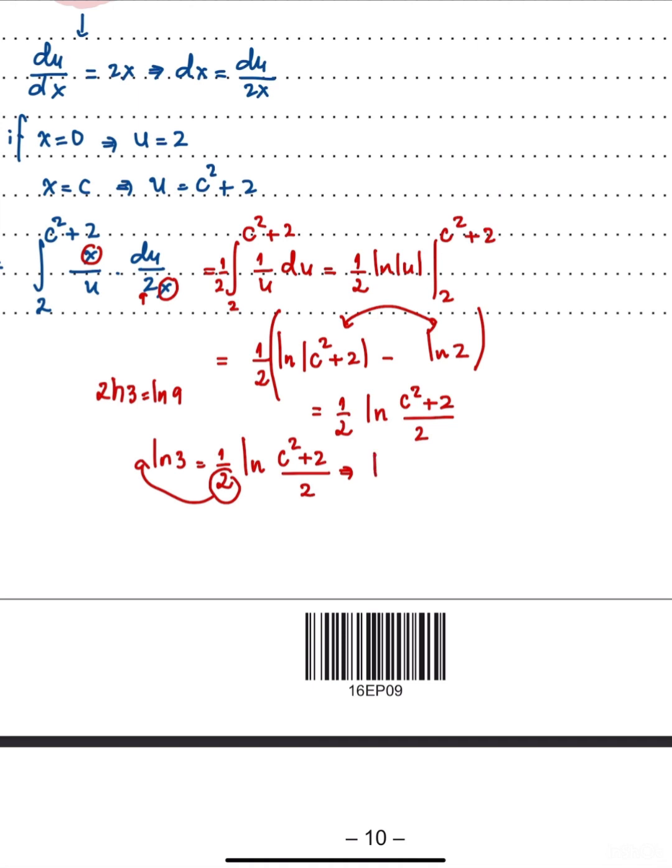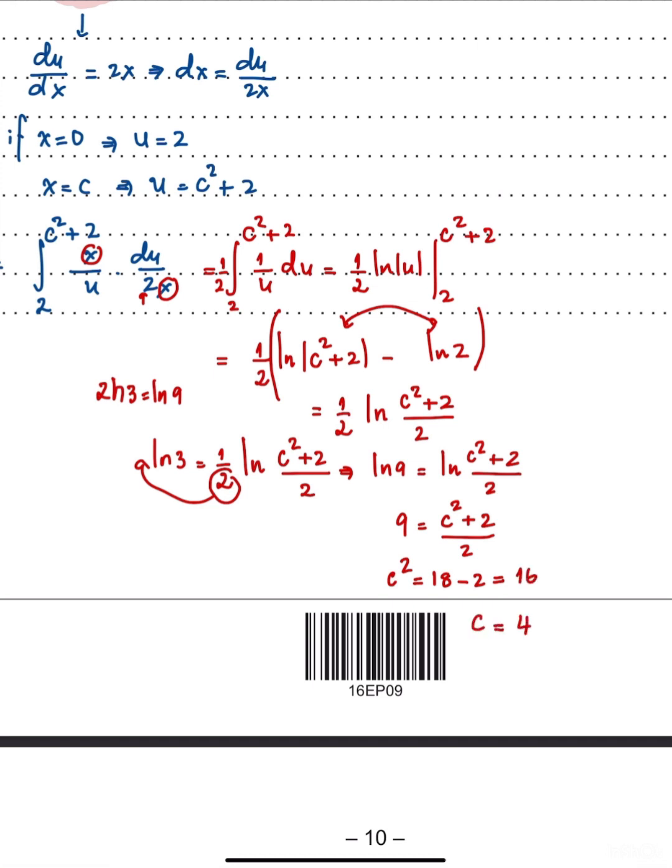So ln of 9 equals ln of c squared plus 2 over 2. So 9 equals c squared plus 2 over 2, which gives c squared equal to 18 minus 2, that means 16. So c equals 4.